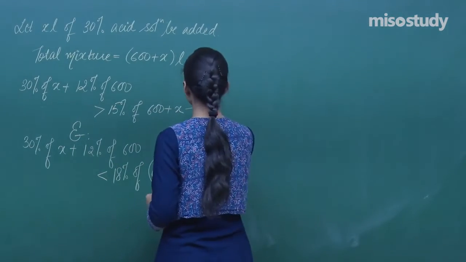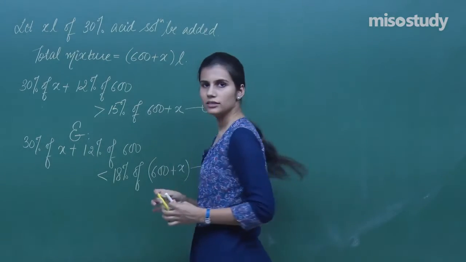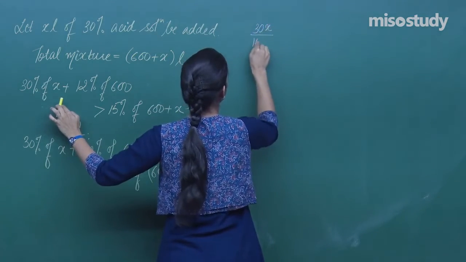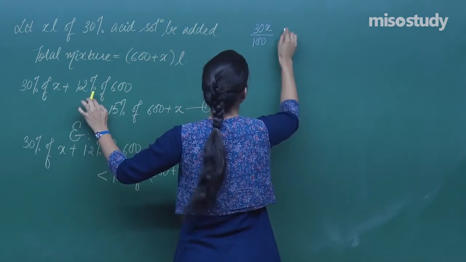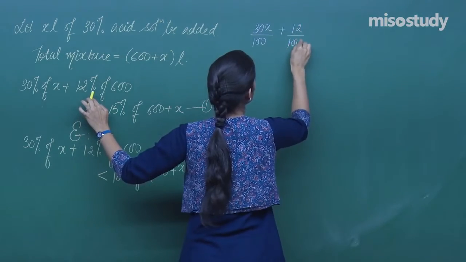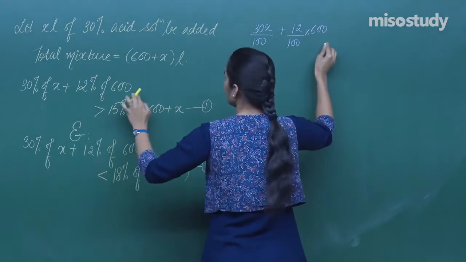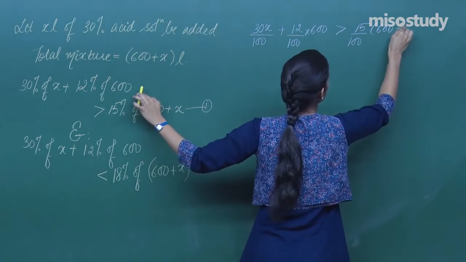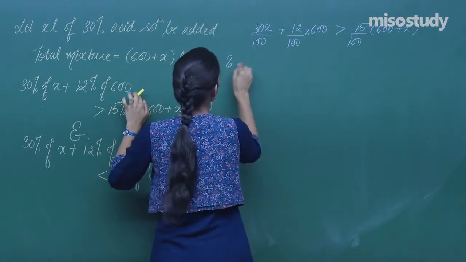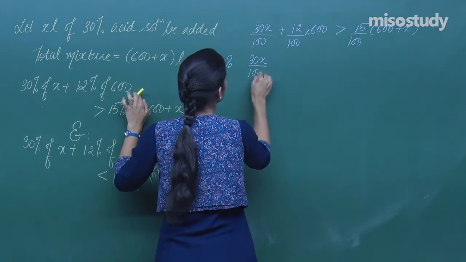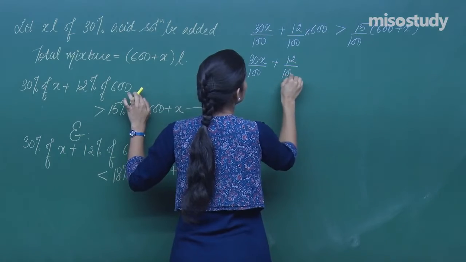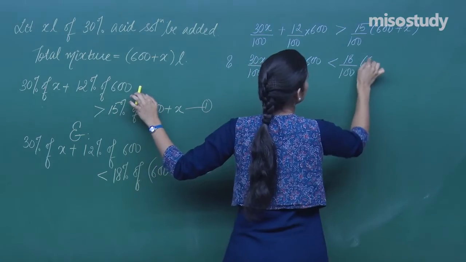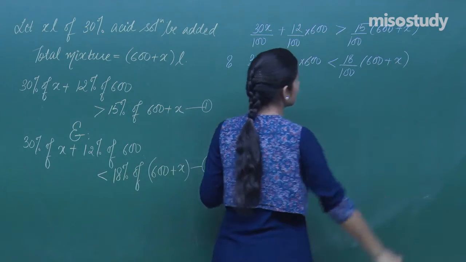Okay, so this is acting as one inequality, this is acting as the second inequality. 30% of x means 30x upon 100 plus 12% of 600, so it is 12 upon 100 into 600. This is greater than 15% of (600 plus x), and then you have 30x upon 100 plus 12 upon 100 of 600 is less than 18% of (600 plus x).